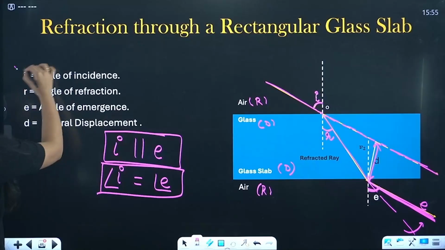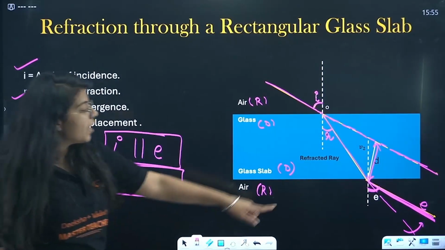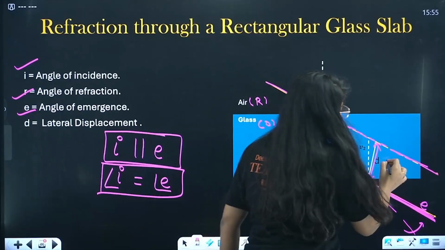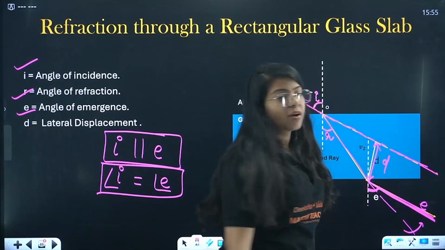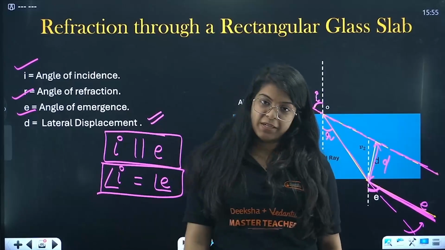Now we have i as angle of incidence, r as angle of refraction, e as angle of emergence, and this d, the distance by which it got displaced, is called lateral displacement.